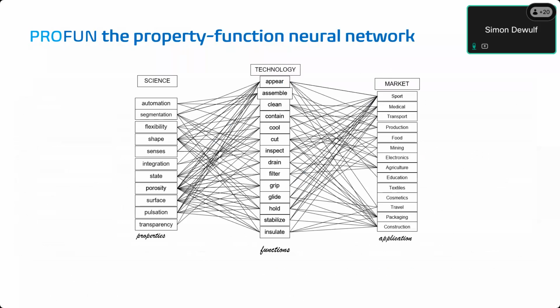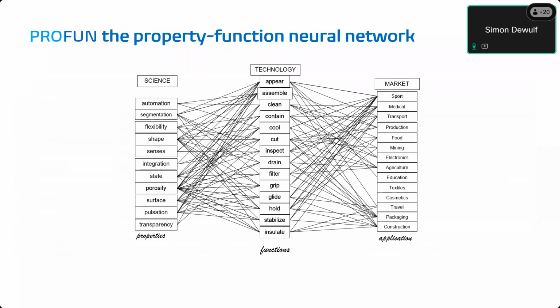It's what you make if you make something, for example, flexible, porous, and then that scientific effect of being flexible can be used to fold something or contain something, which is then the technologies, we call them the cooling technology or the gliding or the assembly technologies. And in these technologies, then we can say, hey, where will we apply it? Oh, we'll apply it in the medical area or in mining. And so you have these properties, functions, areas, 3 nodes.